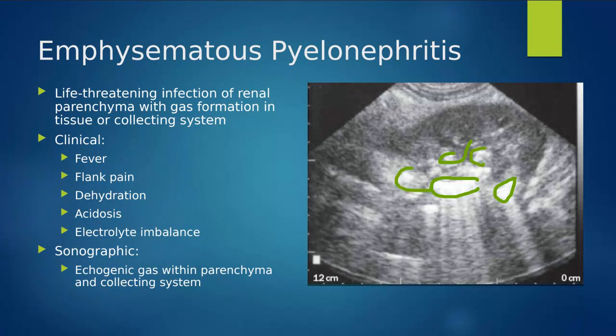This is the border of the kidney. And that gas is coming right from that pelvis. And even all that gas shadowing that we would expect to see. So pretty nasty. Anytime we get gas formation in an organ that shouldn't have it, it can be a life-threatening condition. That means that infection is proliferating very quickly.